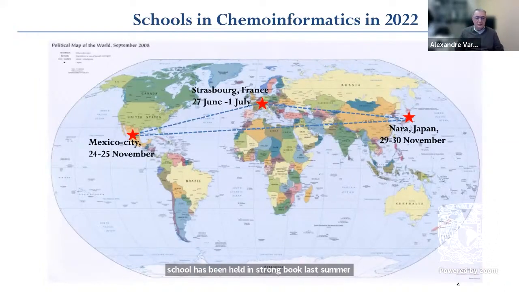Now we have the first school for Latin America in Mexico City, and in a few days I will attend another autumn school in Nara. Schools in Strasbourg and Nara are regular, and I firmly believe that your school in Mexico will also become regular. And hopefully one day I will be able to join you physically, not only with Zoom.